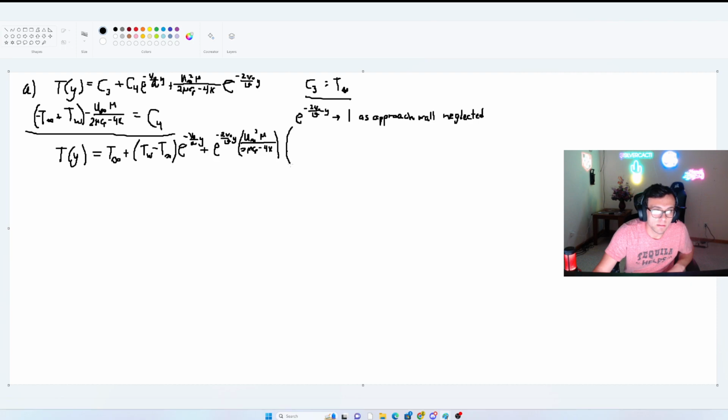Times, because you factor out this from this, and you get e to the minus V0 over, wait, would it be minus alpha over 2 V sub O?